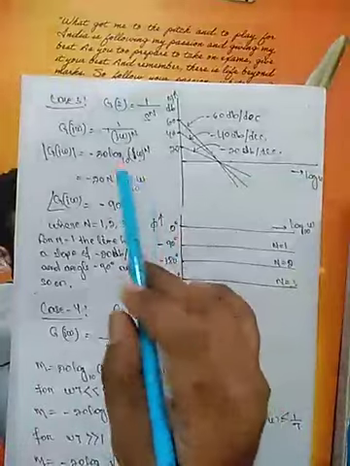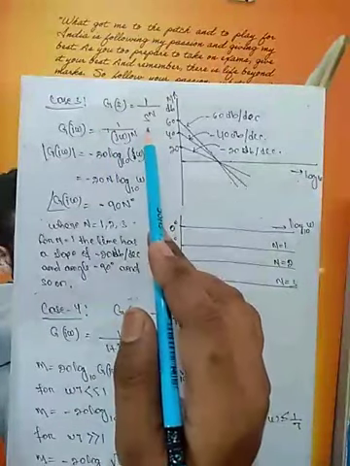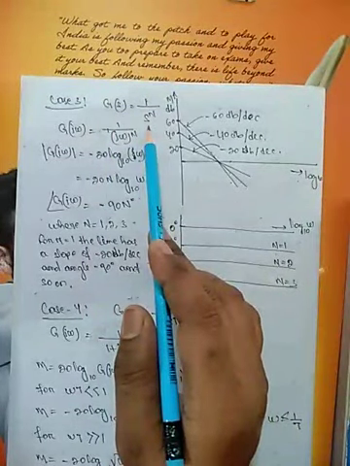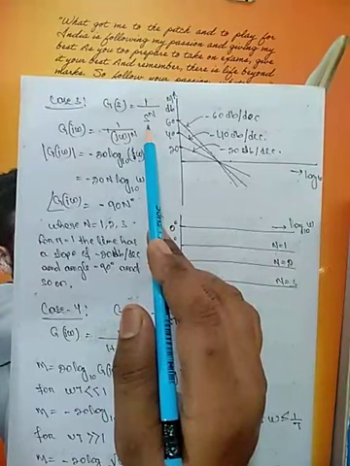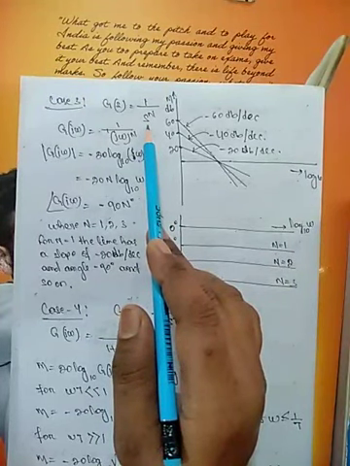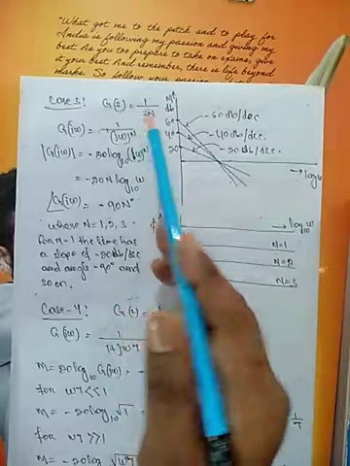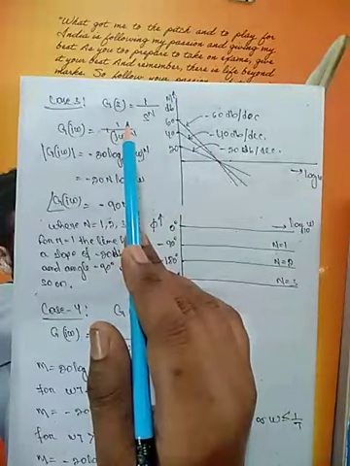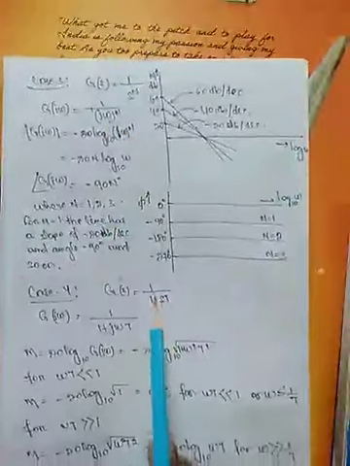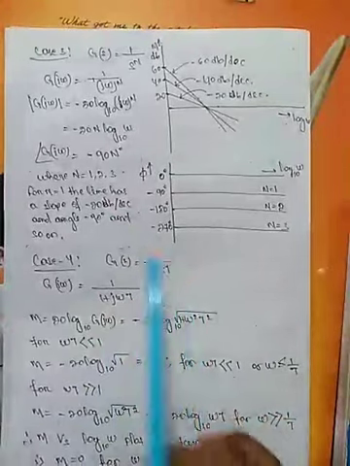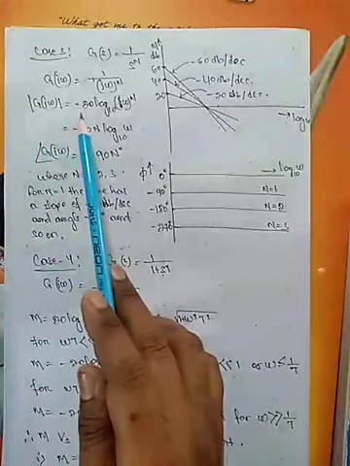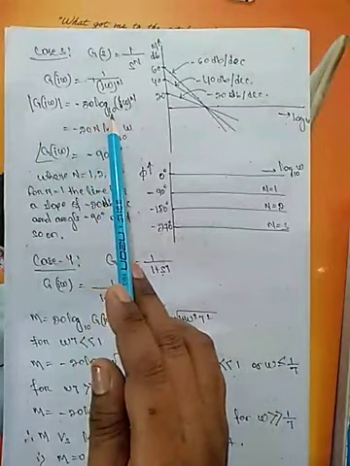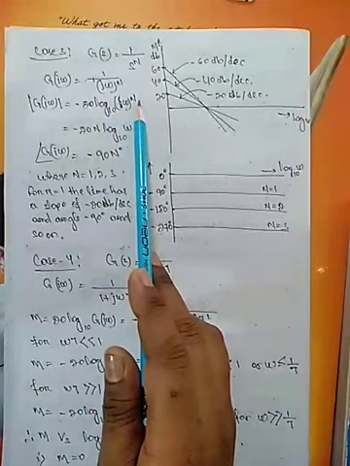Then we go for the case 3. If the open loop transfer function consists of a pole at origin, nth number of pole at origin, it is similar to the n number of 0 at origin, but only the slope is changed. See, magnitude is minus 20 log omega to the power n.